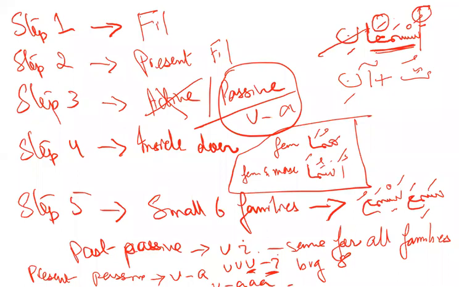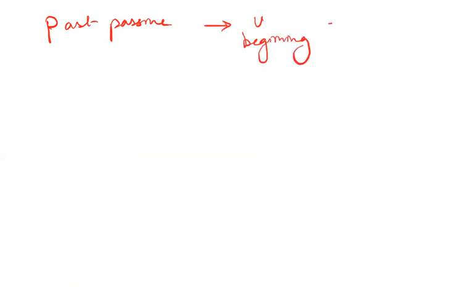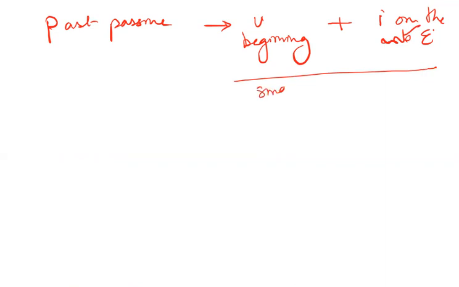Okay, so just for a note at the end: past passive, U at the beginning plus E on the ain kalma. This is what you have to see, whether it is small 6 or big 8 families.